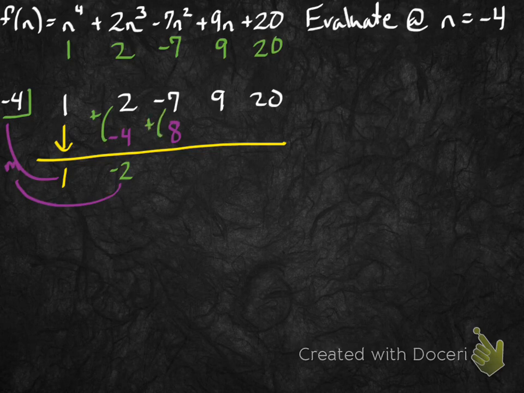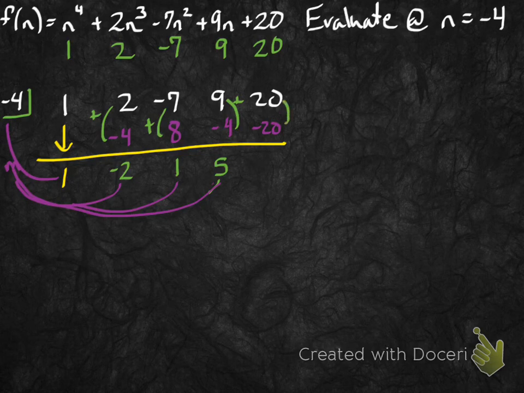Add -7 plus 8 is a +1. Multiply gives me a -4. Add, give me a +5. Multiply, give me a -20. And add, giving me 0.